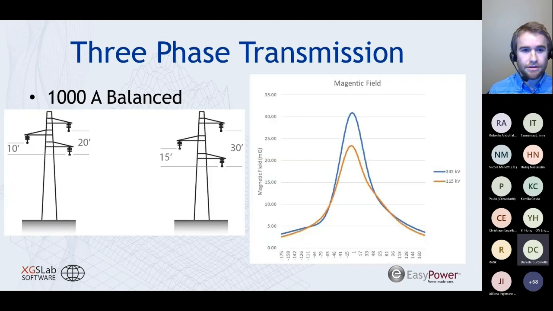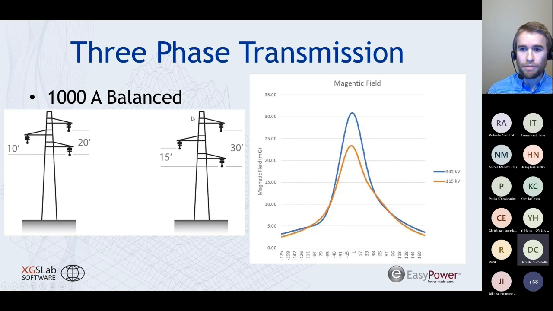If we look at this, we can have a couple example spacings. We have one tower where we separate the phases by 20 feet from our two phases on the right. So this would be maybe a 115 kV transmission line.